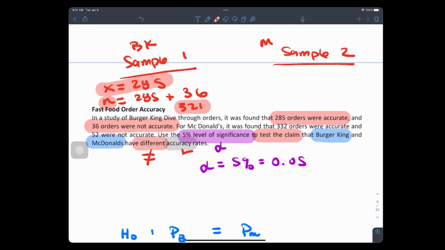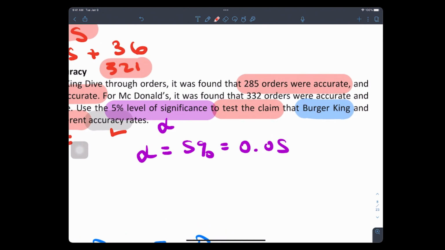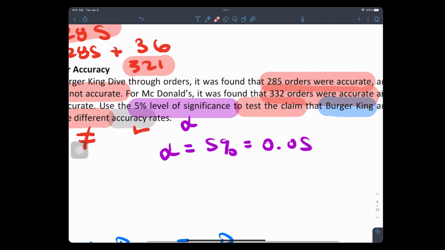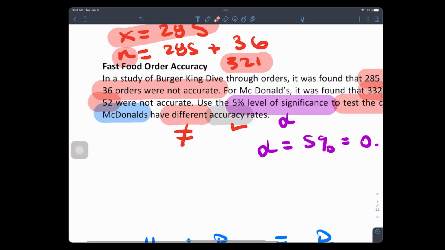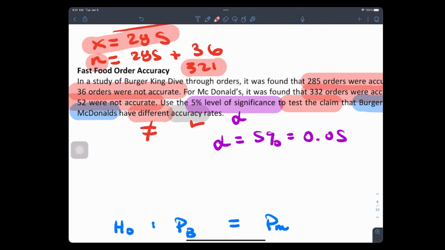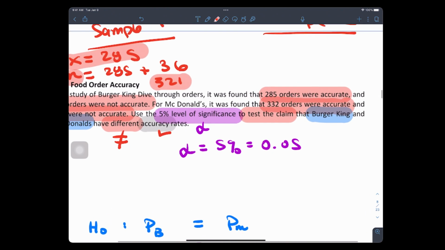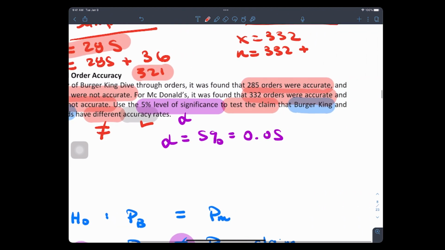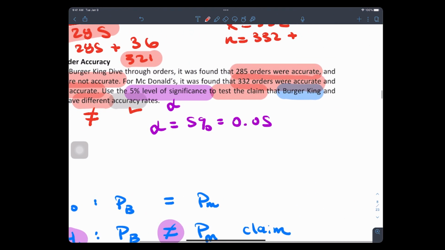Okay. Now, what about Mickey D's? 332 orders were accurate. 52 were not accurate. This is an accuracy rate. So we need the number of orders that were accurate at Mickey D's, and they're saying how many? 332. But the sample size is the number accurate plus the number not accurate.